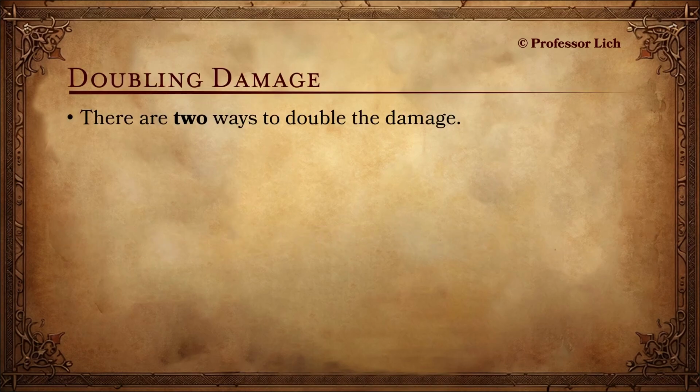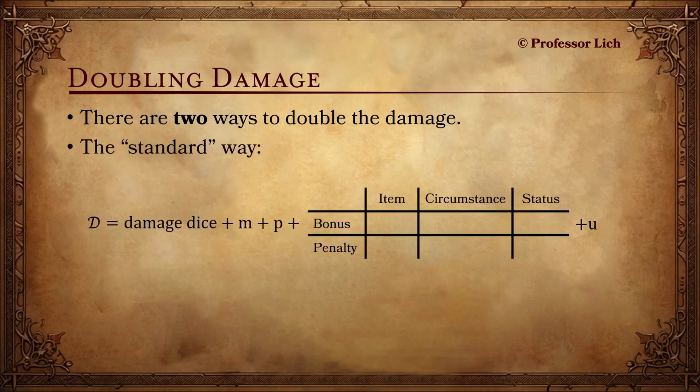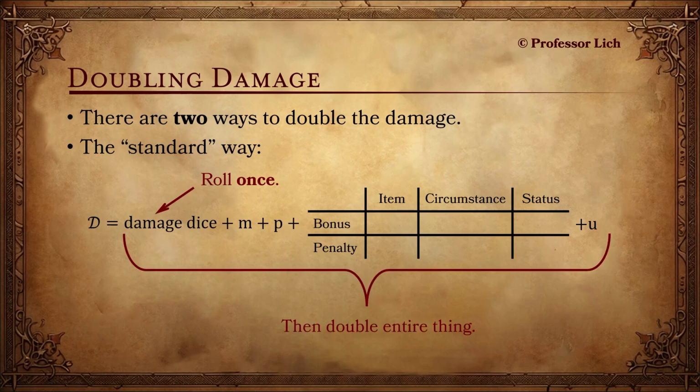If the situation calls for damage to be doubled, there are 2 ways to do that. The standard way is to roll damage once and then you double the entire thing.